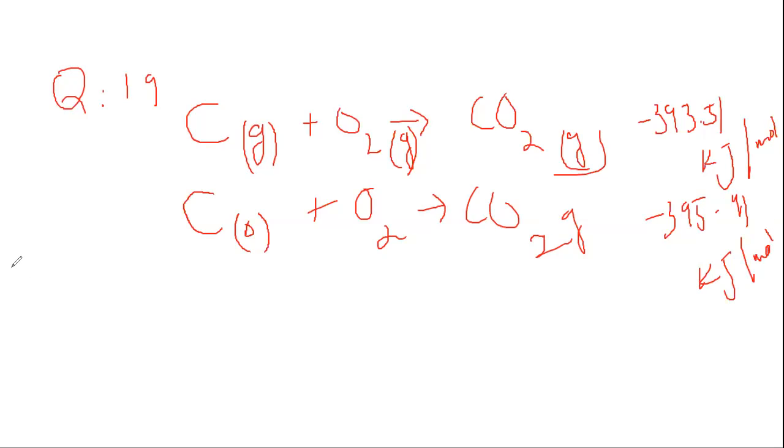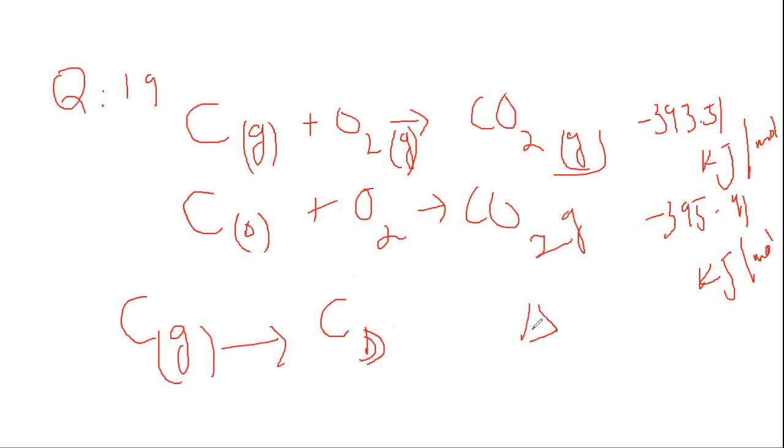You have to calculate the enthalpy change for this reaction, graphite to diamond. When graphite is converting into diamond, how much enthalpy change will be observed?